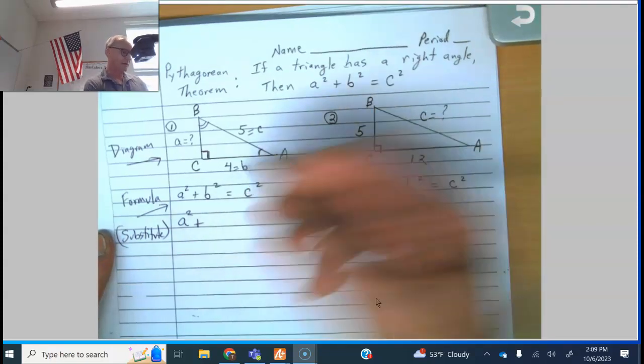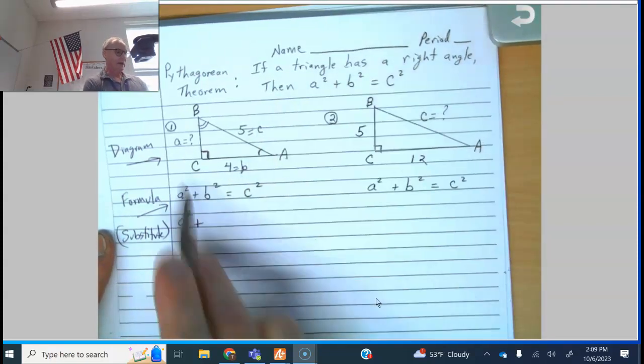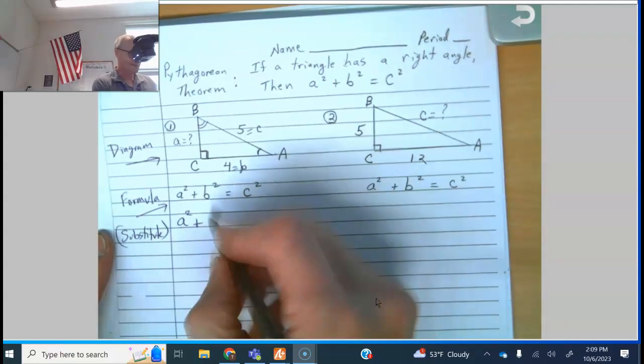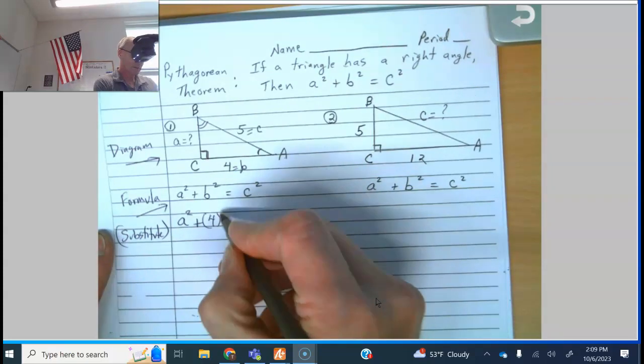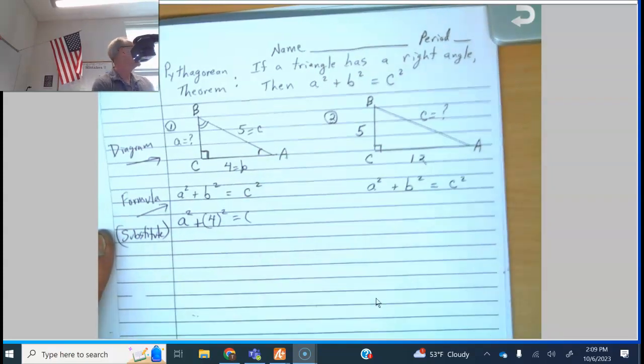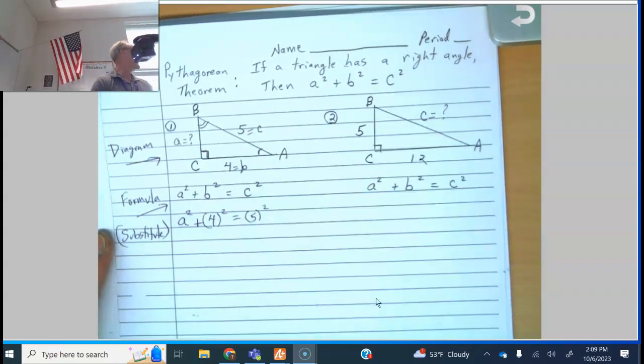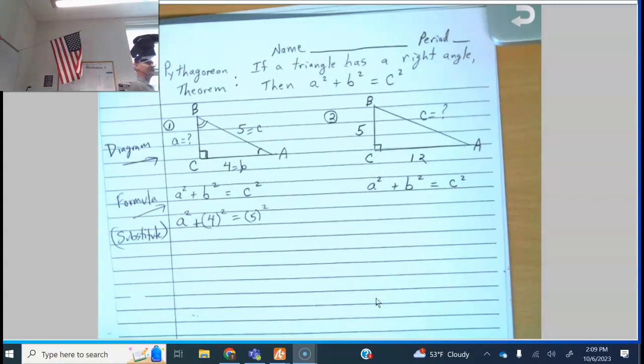This is side B. The legs are A and B. Sorry? Oh, I'm sorry. 4 squared. And C is the 5. We're just substituting inside parentheses. It's always a good idea when you substitute to put parentheses around it.